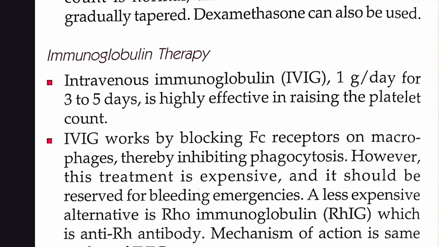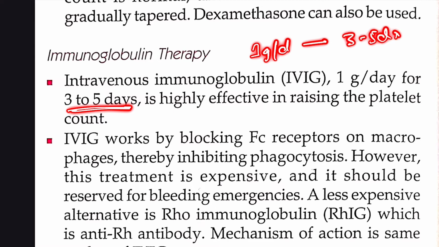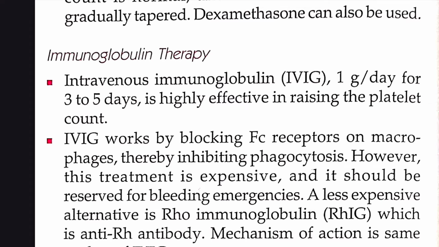Immunoglobulin therapy. Intravenous immunoglobulin, that is IVIG, 1 gram per day for 3 to 5 days is highly effective in raising the platelet count. IVIG works by blocking Fc receptors on macrophages, thereby inhibiting phagocytosis.